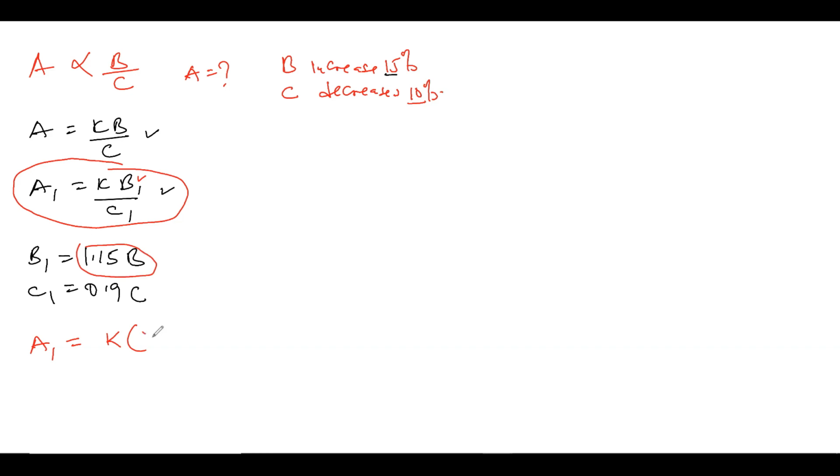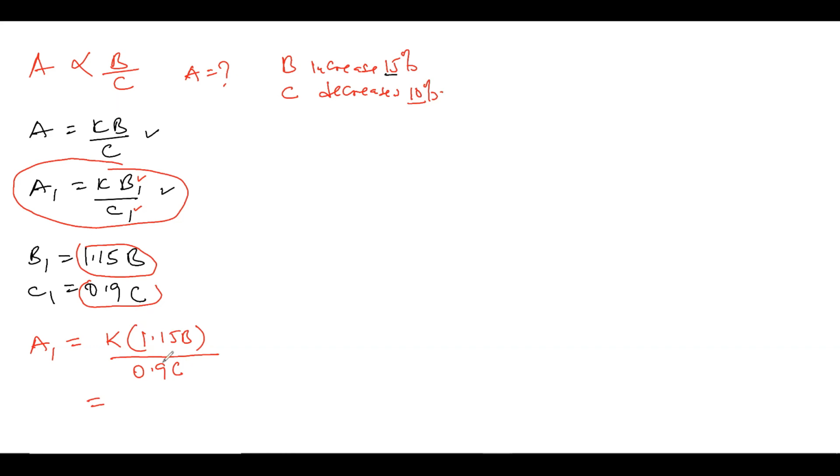So it will be 1.15B. Then over, instead of C1, I'm going to write this value here, which is the same as 0.9C. Before I proceed to the next step, let me simplify this.